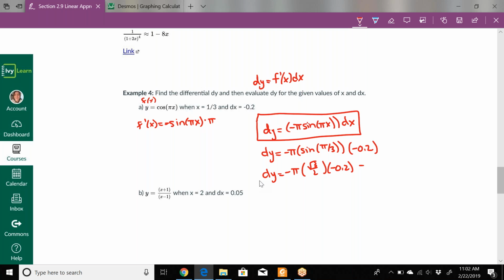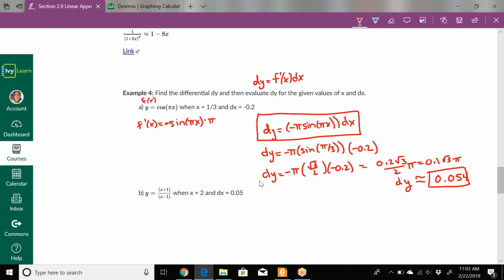That's negative times negative, so that actually makes it positive 0.2 square root of 3 over 2 pi, which you could rewrite as 0.1 square root of 3 pi if you want to reduce the decimal, but it's approximately 0.054. So that is the dy evaluated at those two specific values.